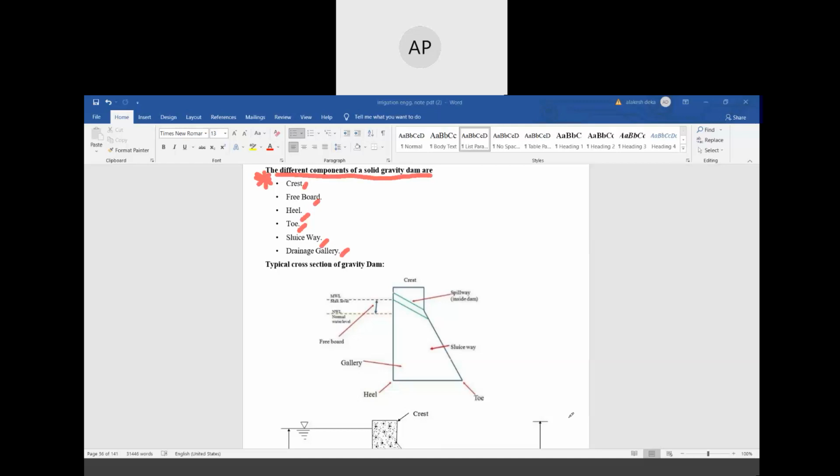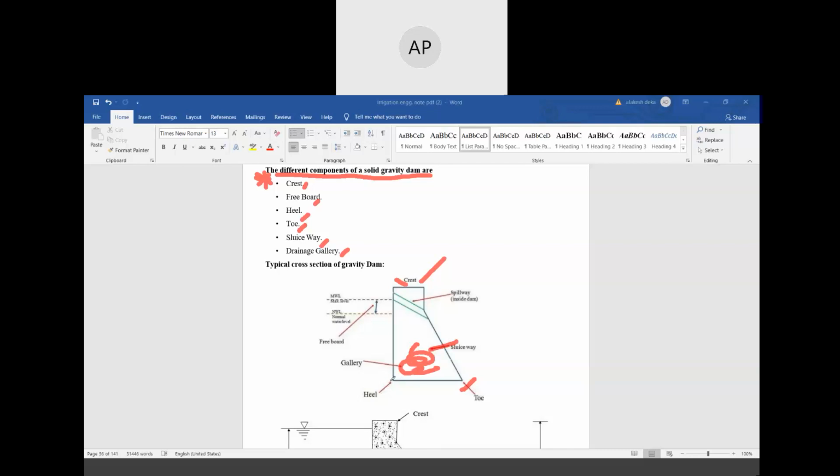In the figure, you can see the upper part of the dam is called the crest. The lower portion of the dam is the toe. This is the gallery. This is the sluiceway, which means a sluice gate is provided in this area. This portion is called the heel.